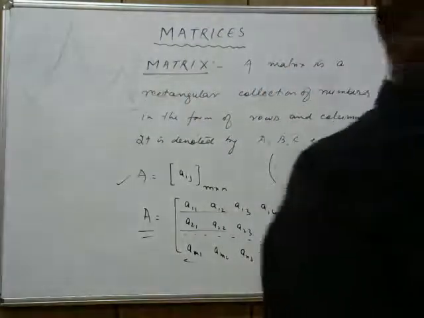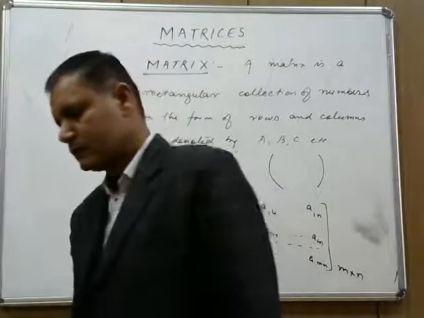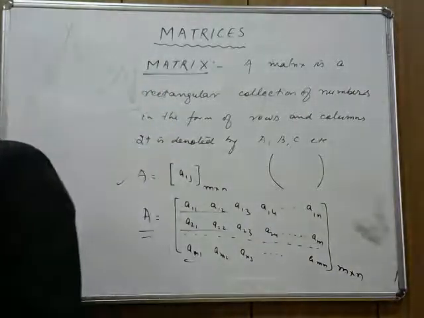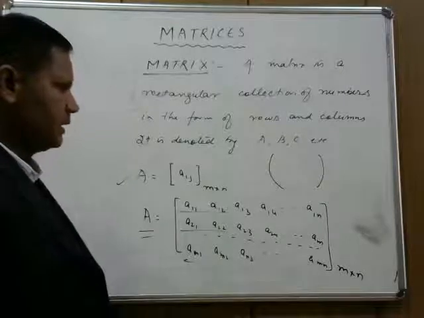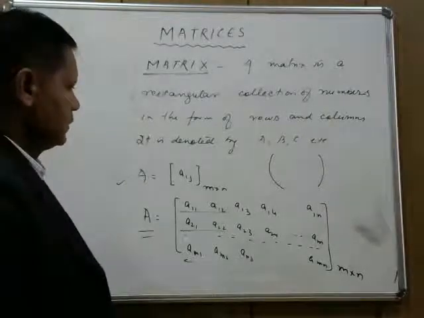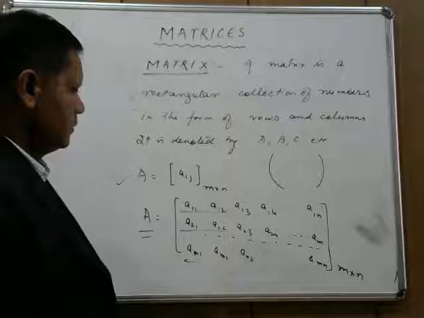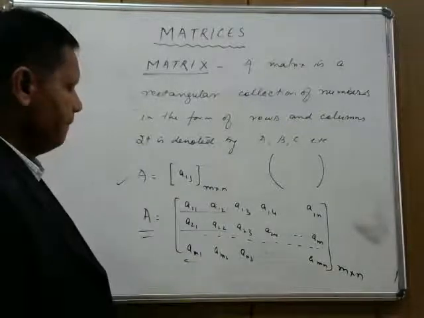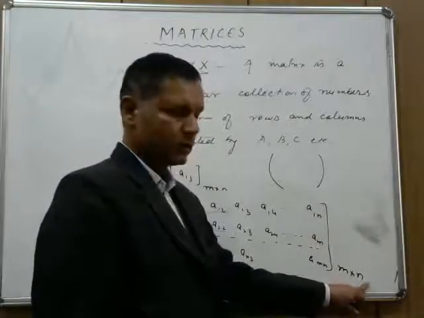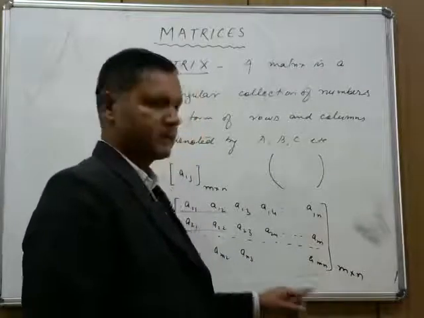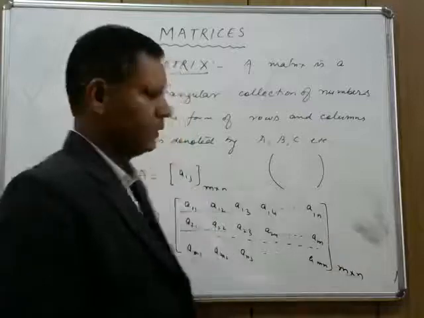There are different types of matrices. Regarding order, it is clear that m denotes the rows and n denotes the columns, and the order of this matrix is m n or m by n.